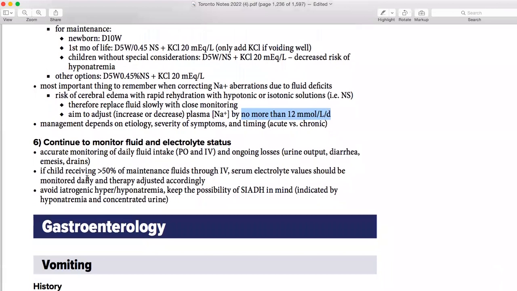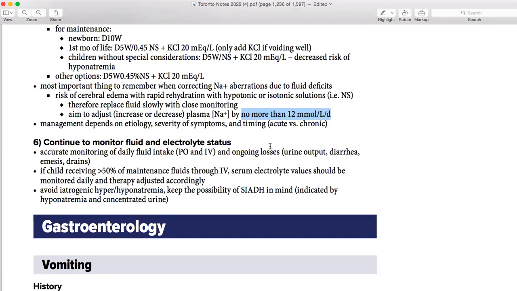If a child is receiving more than 50% of the maintenance fluid through IV, you have to see if the serum electrolytes are disturbed or not. Then avoid iatrogenic hypernatremia, because SIADH can present. This is a very dangerous condition. Sometimes they ask you, if you give too much fluid, how are you going to counsel the patient, or what kind of disease can present.